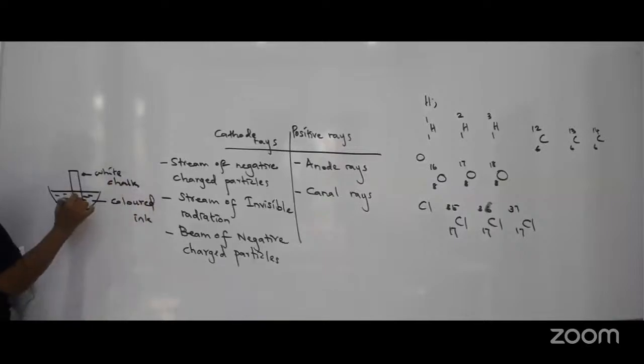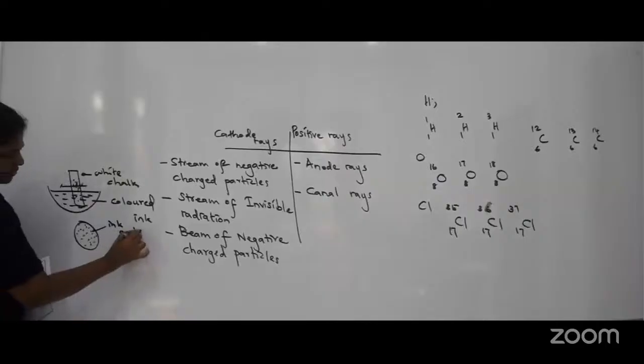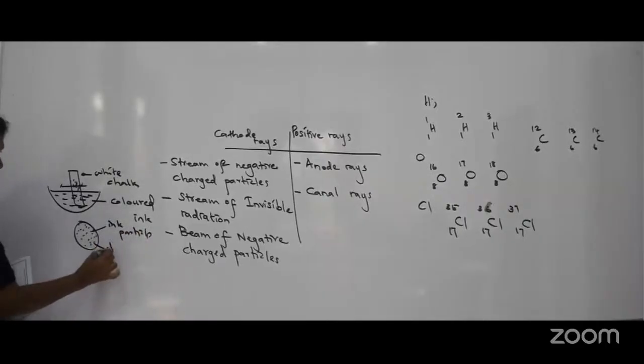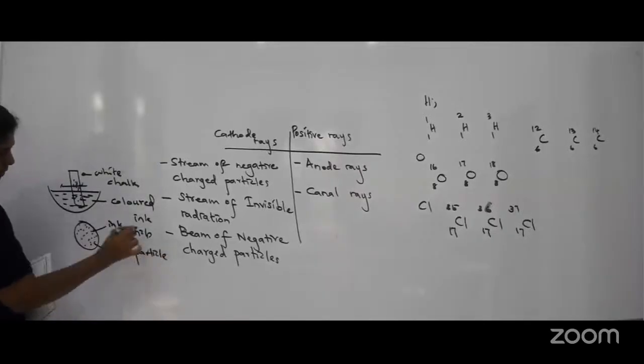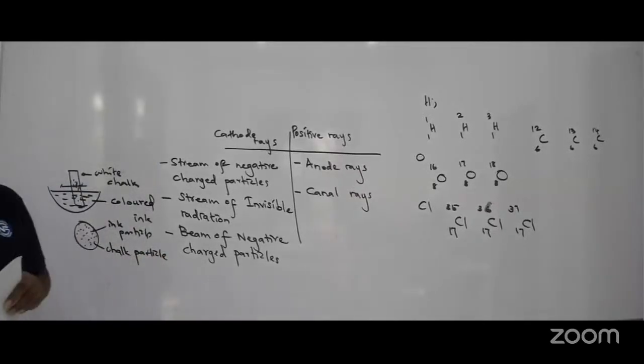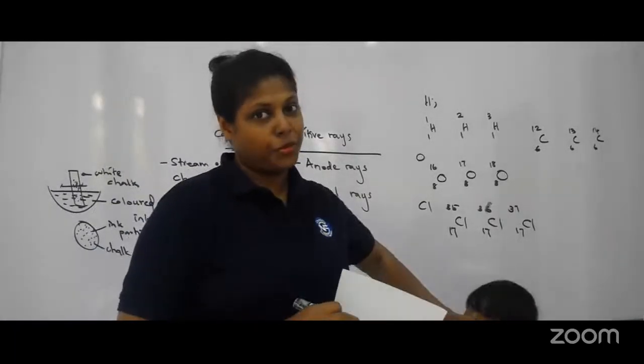After a few minutes, the white chalk absorbed the colored ink, and within the chalk particles there are ink particles. By this simple experiment, John Dalton's first postulate was disproved.